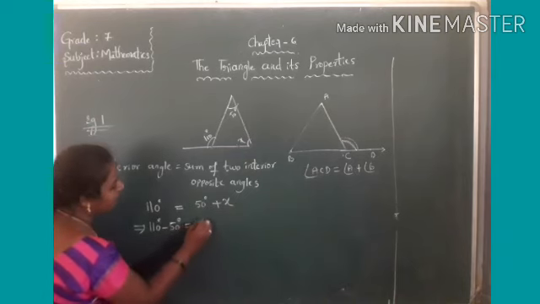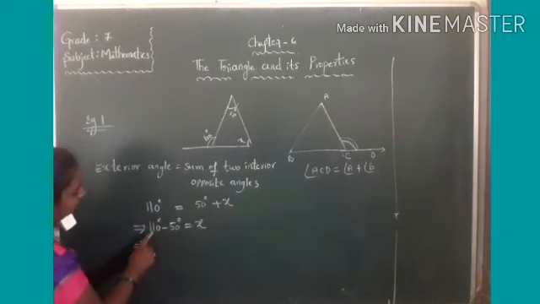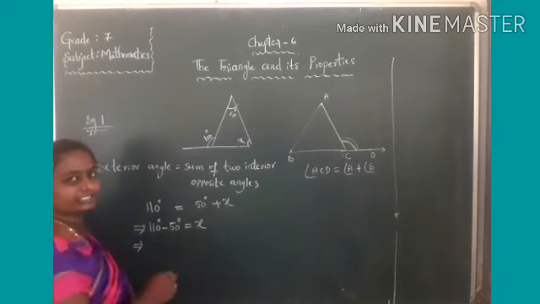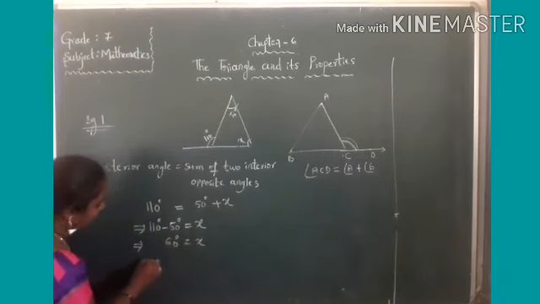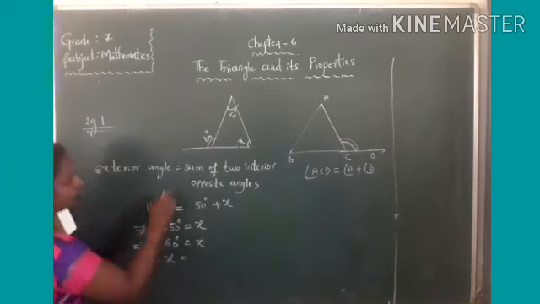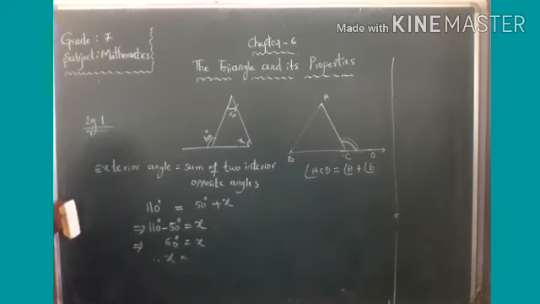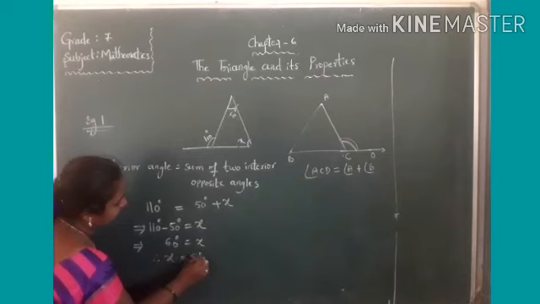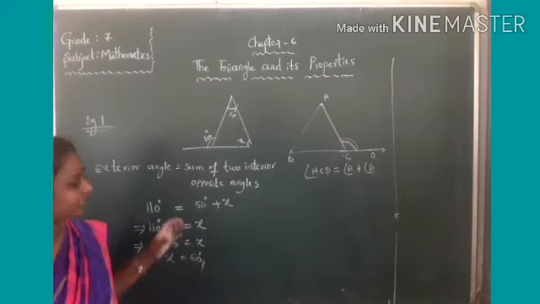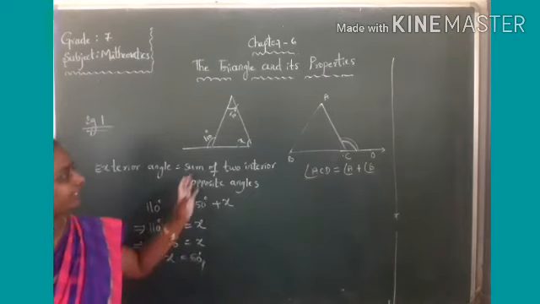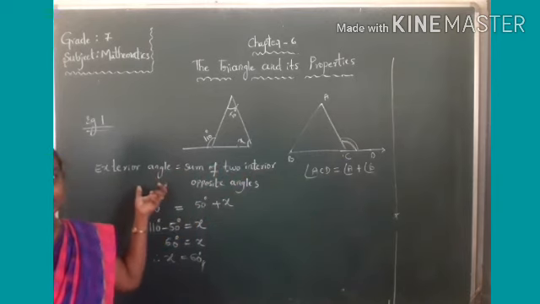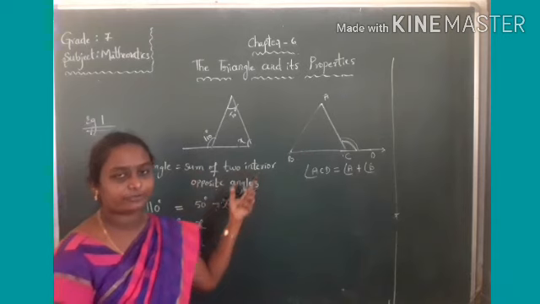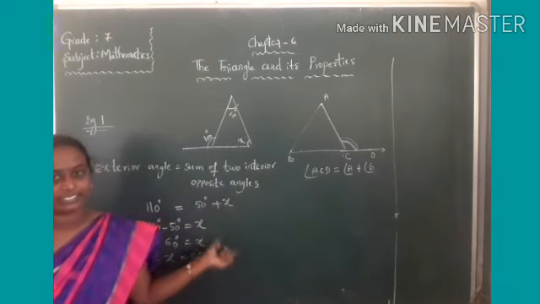It is equal to X. Subtract 110 degrees minus 50 degrees. Yes, 60 degrees. So the other interior opposite angle is 60 degrees. This is the way of finding interior angles using the property that the exterior angle is equal to the sum of two interior opposite angles.